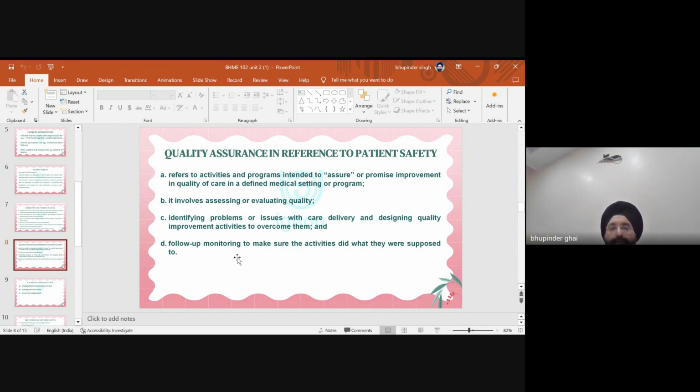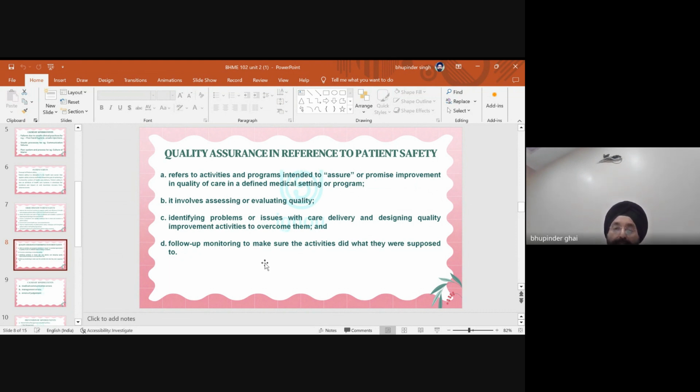Follow up monitoring to make sure the activities did what they were supposed to do. That means you have to monitor the activities. First, you have to find out the activities which are not as per the mark. Then you have to overcome or modify those activities.